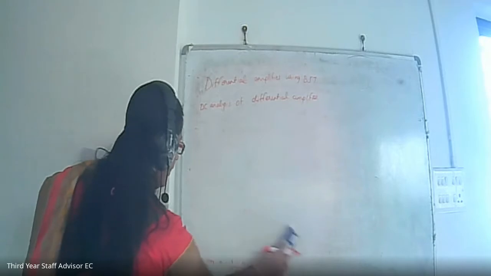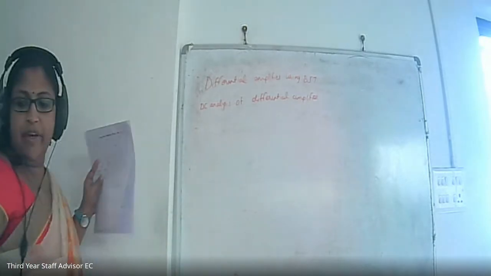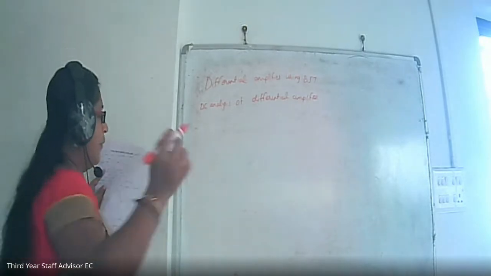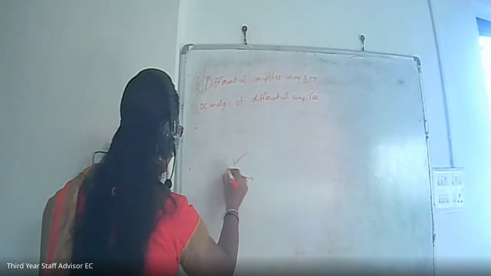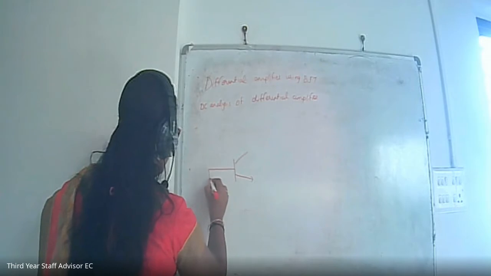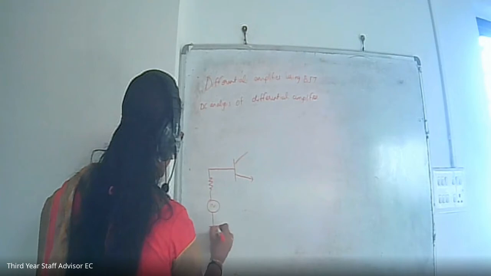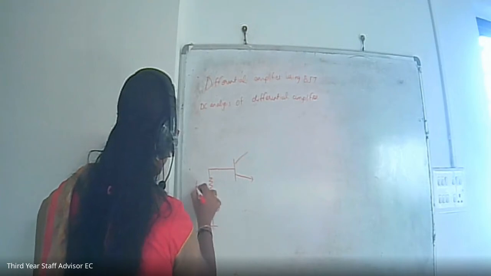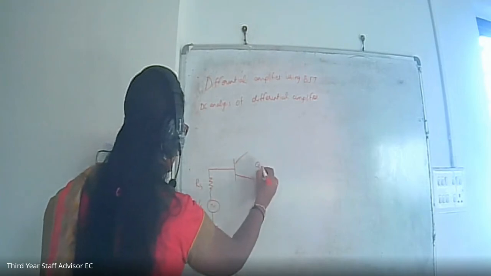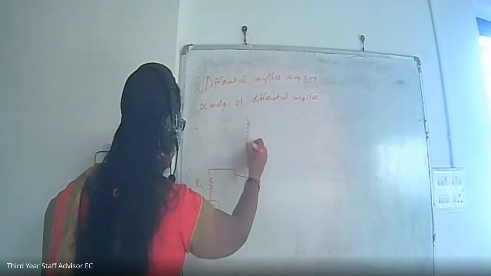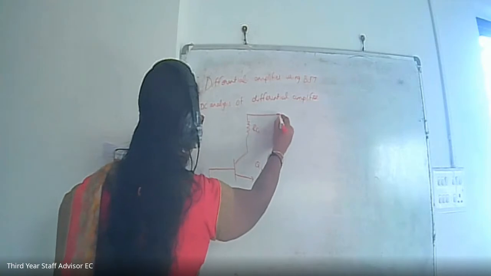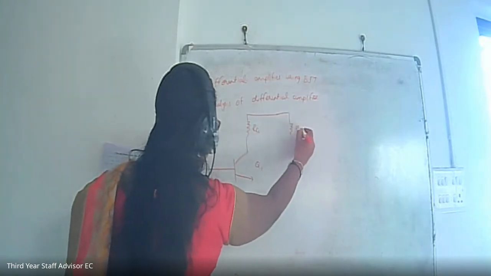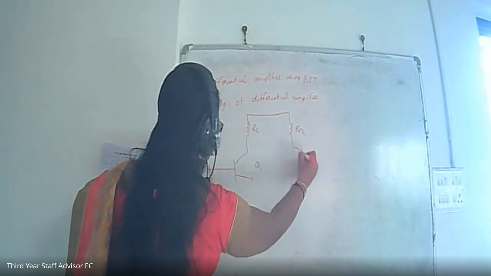See, differential amplifier using BJT. I drew the circuit diagram yesterday. You can see here, the circuit diagram is like this. There will be a resistor and a voltage source, that is VS and RS, and this is transistor Q1, with a collector resistance RC1, and next there is a resistance RC2 and a BJT Q2.